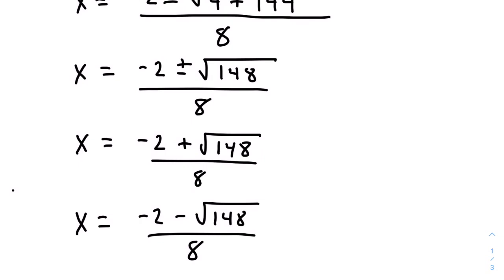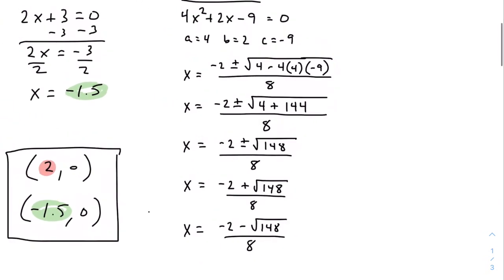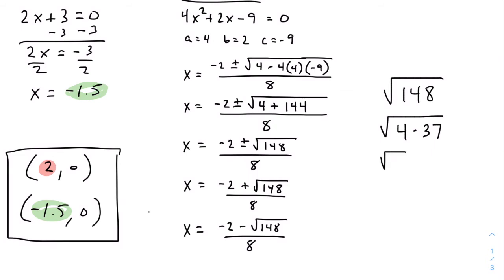All right, so the way we're going to simplify this radical is we have square root of 148. So when I said radical, I meant the square root, if you were confused by that. So the square root of 148 can be written as the square root of 4 times 37. And you're maybe wondering, well, why'd you do 4 times 37? Well, because I can split this into the square root of 4 times the square root of 37, and it becomes 2 times the square root of 37 because I can simplify the square root of 4.